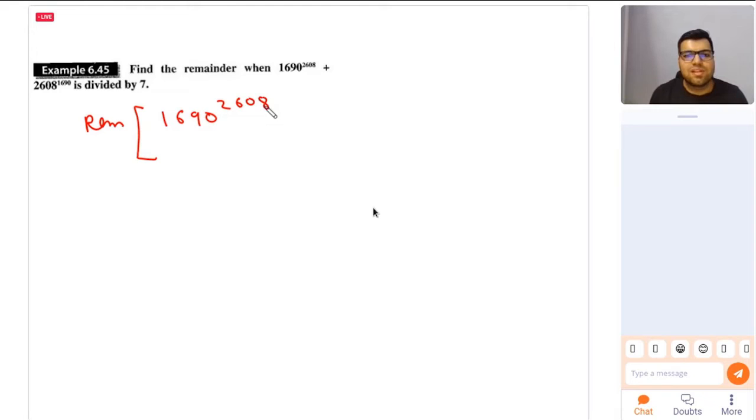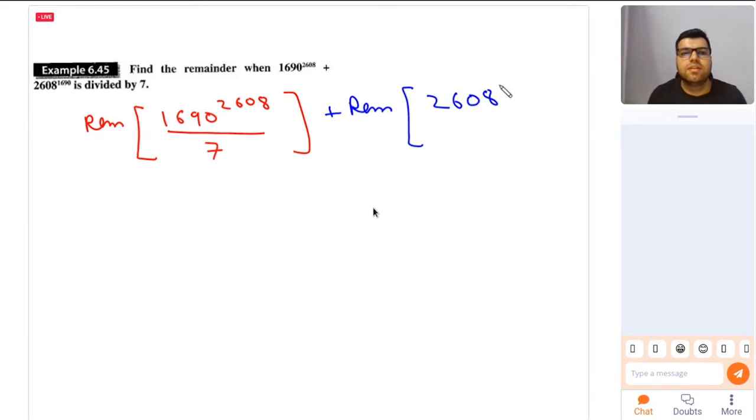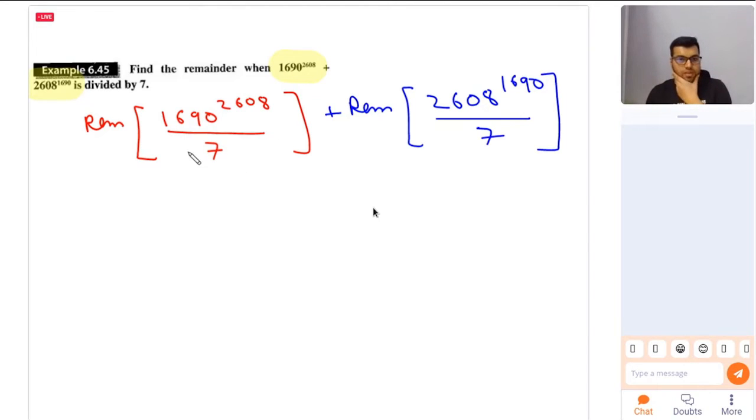Since this remainder is distributive, I am already breaking it. So I broke the number with 7: 1690 raised to power 2608 divided by 7.